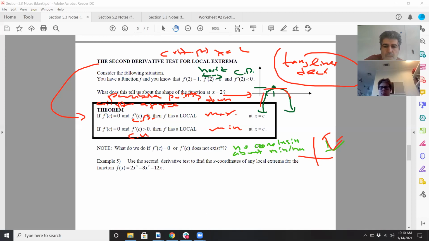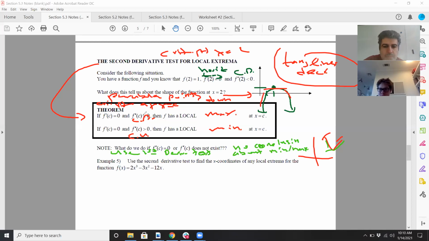In that case, just use the first derivative test. The College Board sometimes will ask a multiple choice question. Look at these conditions, like they'll say, if f prime of 2 is 0 and f double prime blah blah blah, and they want you to make a statement about it. They're really just testing the theoretical stuff going on here.